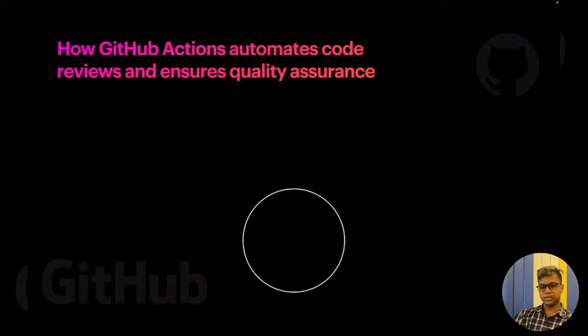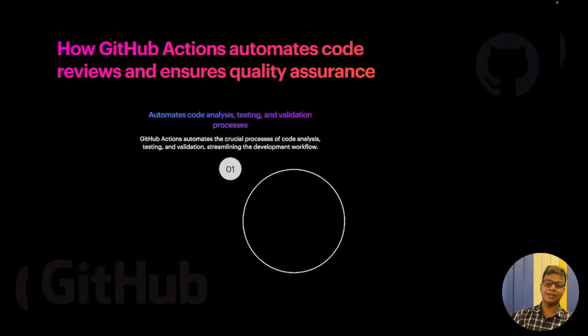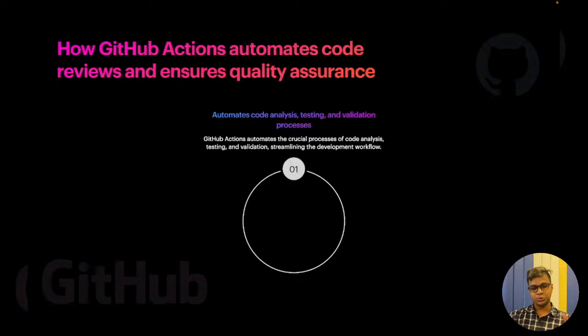Earlier I mentioned that GitHub Actions can automate code reviews, commit messages, and pull requests as well. Not only for deployment but also for code analysis, testing and validation, we can use automations.